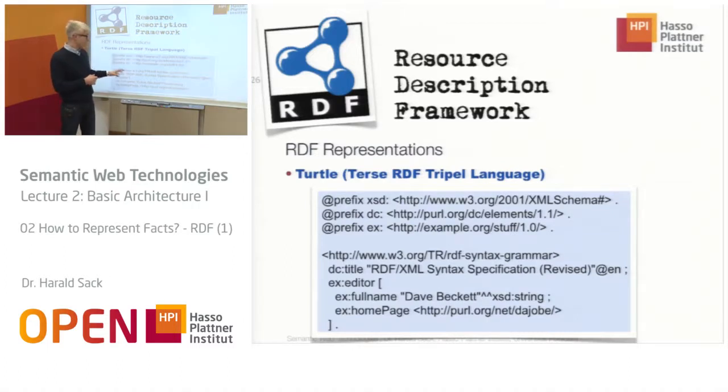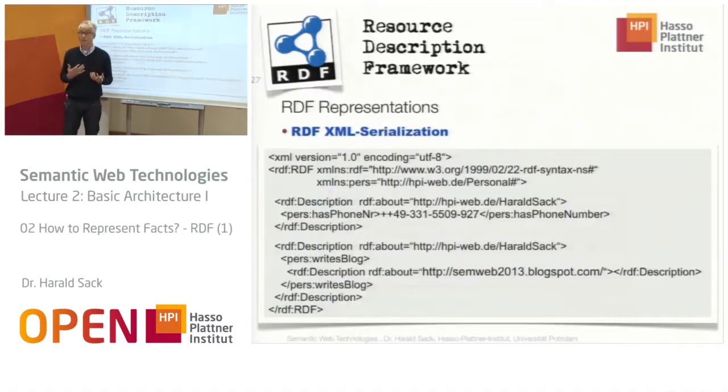Of course, you can also use an XML-based representation of the same facts, and then, as you can see here, it becomes less readable and you have to write more. But this RDF XML serialization, it's the standard for each web document. So you can embed it pretty simply into the web because XML can be read by most text processors and parsers.